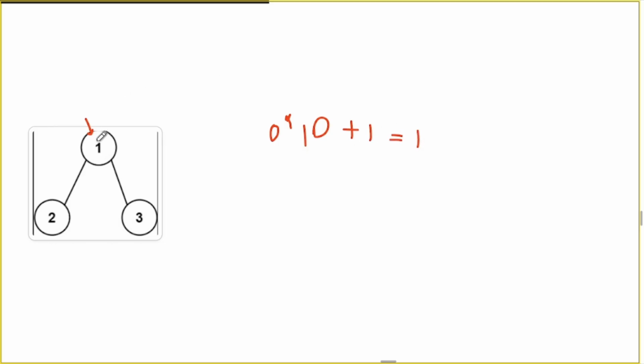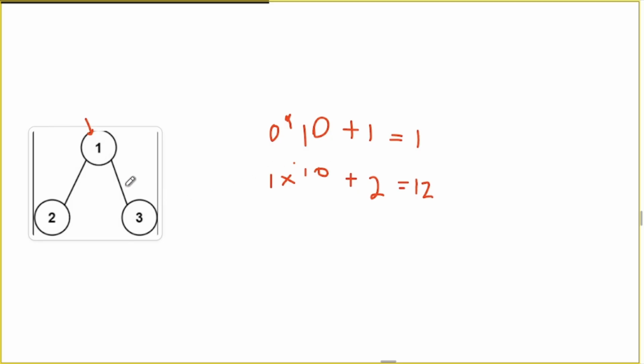So we get the first number of the node, 1. Then next, instead of this 0, we add the result of the previous one, multiply that with 10, then add it with the current node. So we get 12 as the answer.